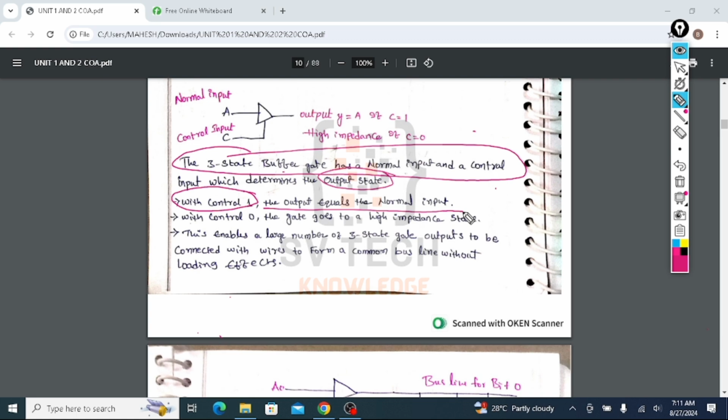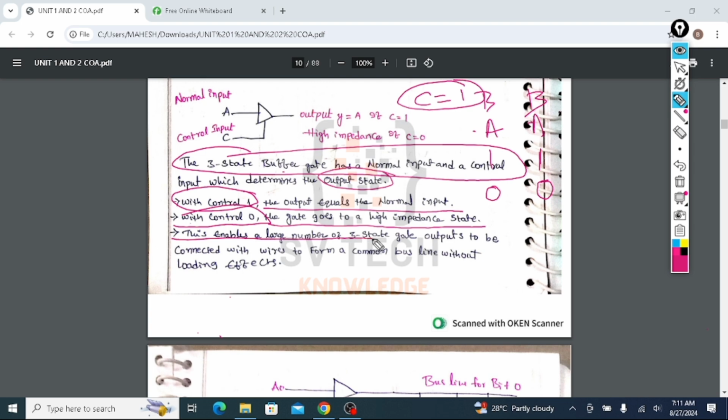Suppose the normal input is 0, the output is 0. If the normal input is 1, the output is 1. If the normal input is A, the output is A. If the normal input is B, the output will be B, when the control input is 1. With control input 0, the gate goes to a high impedance state, meaning no determined output will be there.